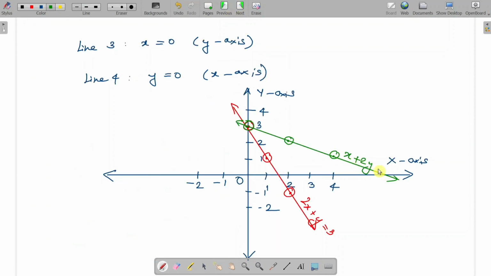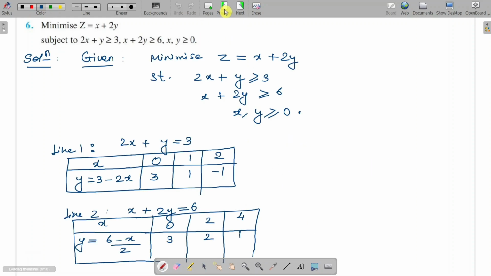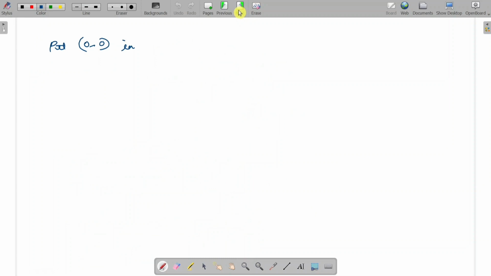Right, now let us find the solution region of the inequalities. Of course you know this: x equal to 0 is the y axis, and y equal to 0 is the x axis. Let us put 0 comma 0 in the first inequality, 2x plus y greater than or equal to 3.